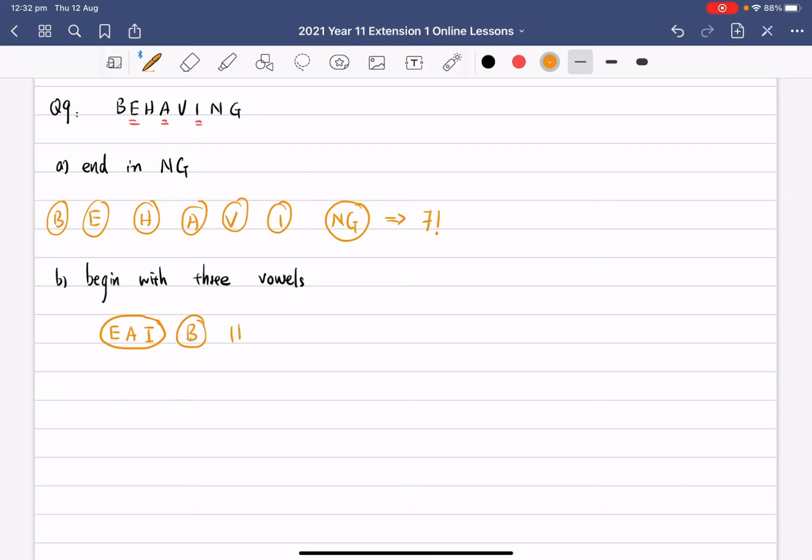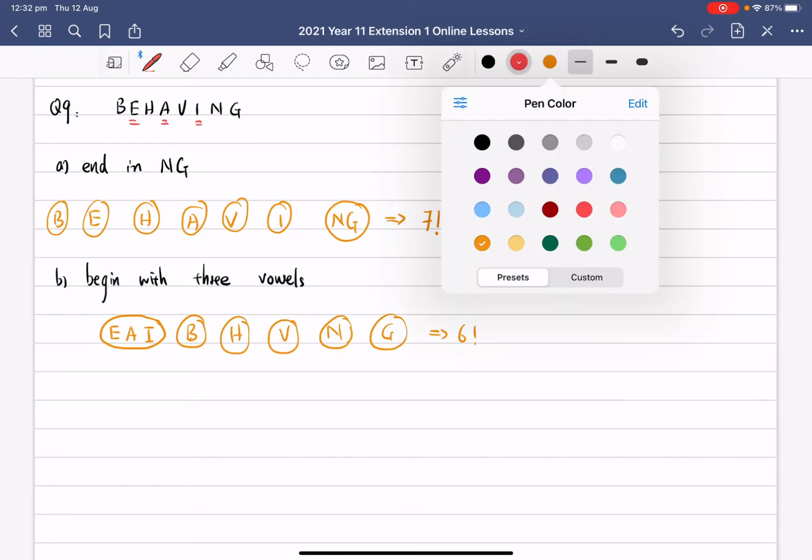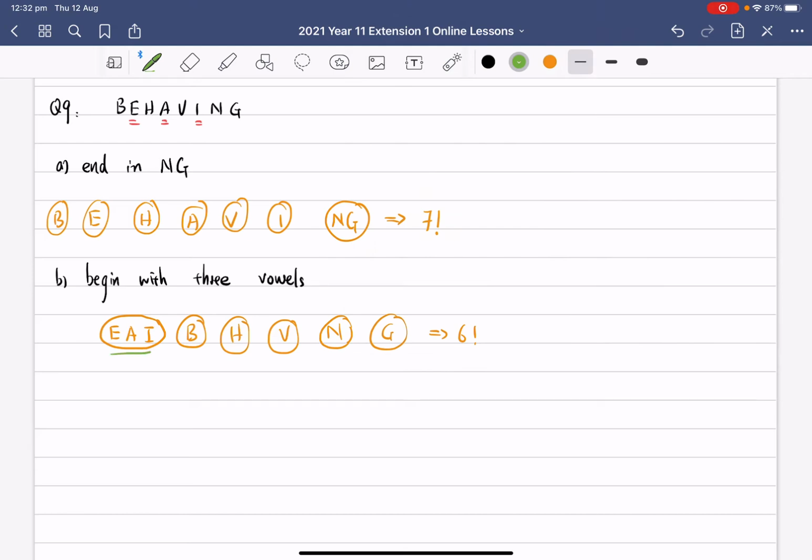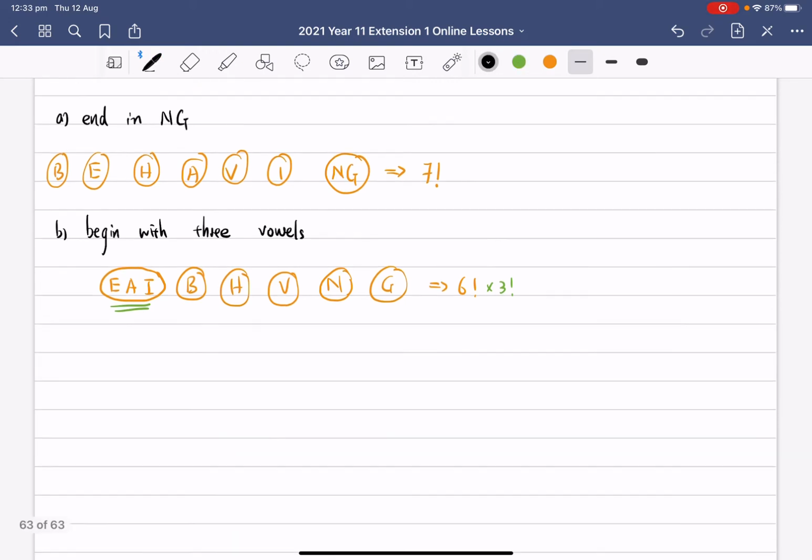We've got B, H, V, N, and G left after we group E, A, I. We count how many groups we've got: 1 group, 2, 3, 4, 5, 6. In total we have 6 groups, which is 6 factorial. But please also remember that this time we need to organize what's inside the EAI group, because the question just says begin with the 3 vowels. We can have any order between E, A, I, it can be IEA, so we need to multiply by 3 factorial to finish this question. That's question B.